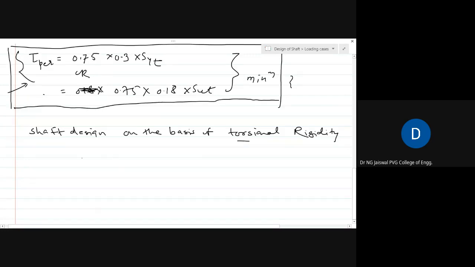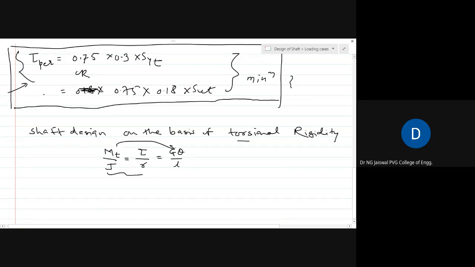We'll understand if we just see one equation, which you are again familiar with. The equation is Mt upon J is equal to, yesterday we also saw the same equation, tau divided by R is equal to G theta divided by L. Yesterday we had derived one equation considering the first two terms.